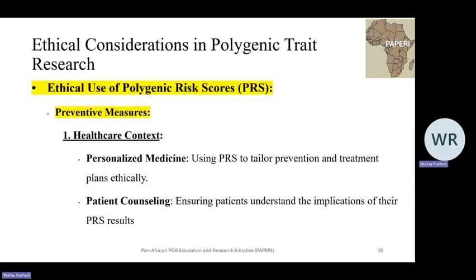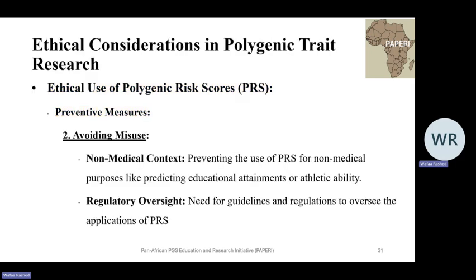Ethical use of polygenic risk score: preventive measures in the healthcare context, yes. For personalized medicine, using PRS to tailor prevention and treatment plans ethically. For patient counseling, ensuring patients understand the implications of their polygenic risk score results.